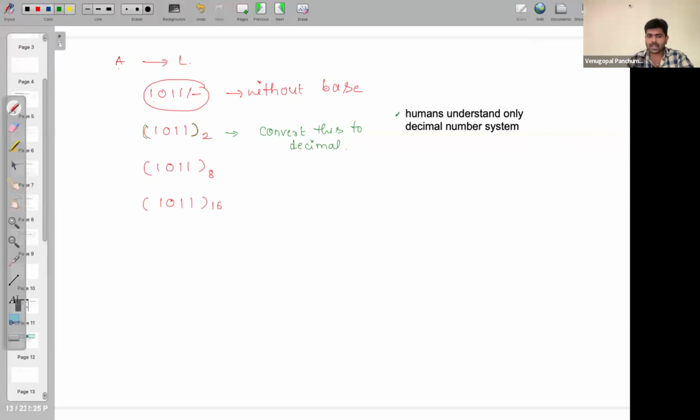Similarly, if we have a base 8, to know what this value is, you need to convert this to decimal. Similarly, when you have a base 16, to understand its value, you need to convert this to decimal. If no base is mentioned, then by default, it is decimal. But if you added a base, then the value is going to change.